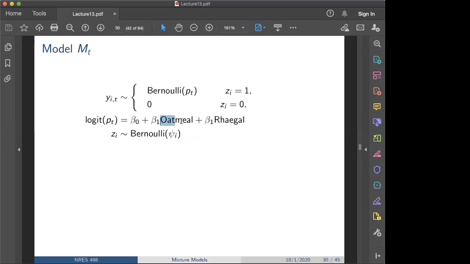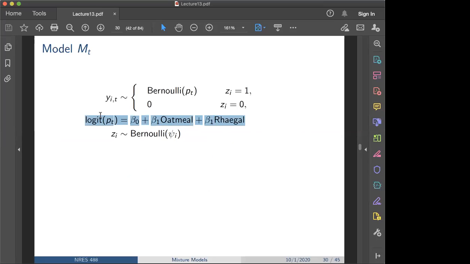Our second one is our oatmeal cartoon, our surveyor. So beta 0 plus beta 1 is going to be the log odds of the detection probability for that observer. And then our third one will be beta 0 plus beta 1, which will be our detection probability for Rhaegal and Jon Snow surveying. Okay.